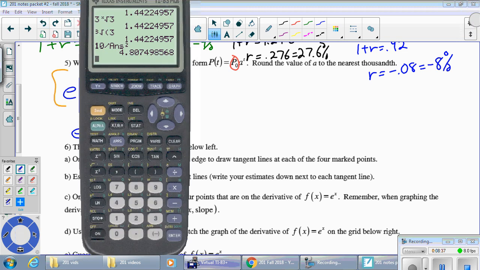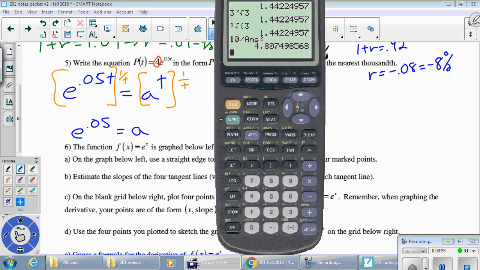There's no logs that we're bringing into this problem. We're just typing e to the 0.05 on the calculator. Okay, so about 1.05127.